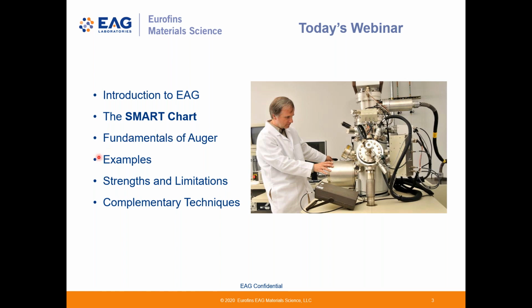I will spend most of our time together presenting examples of Auger analysis results that are typical applications and a couple of outstanding examples where Auger was uniquely suited to capture these results. I'll then summarize the strengths and limitations of the technique and point out some complementary techniques that can broaden your knowledge of your samples and sometimes overcome the limitations that Auger has.